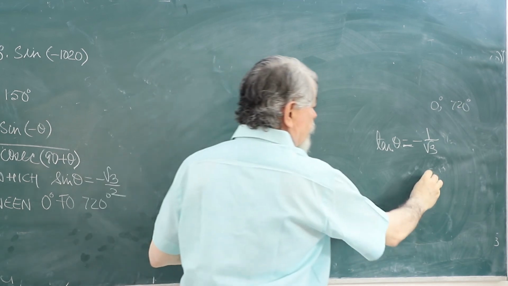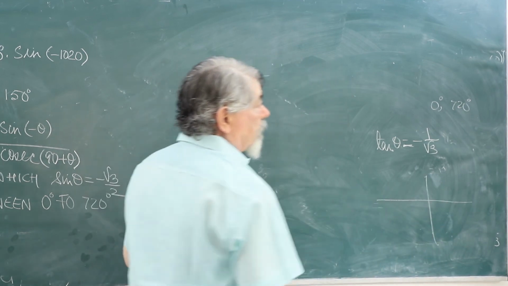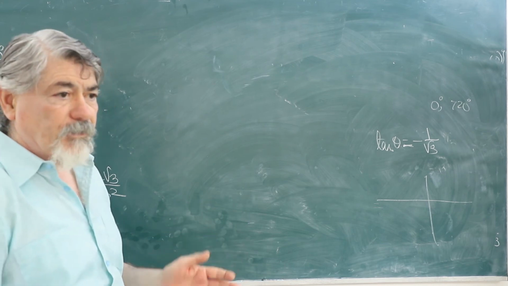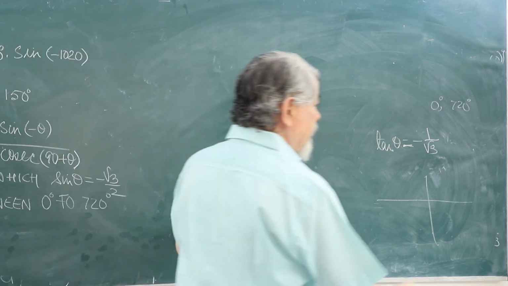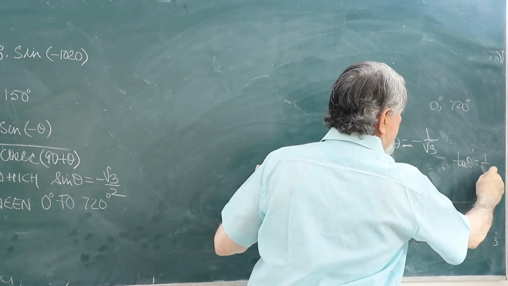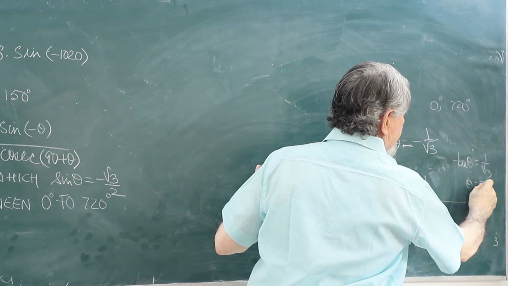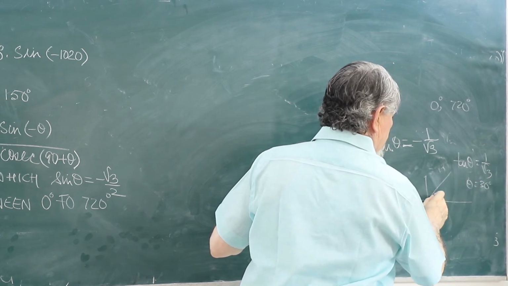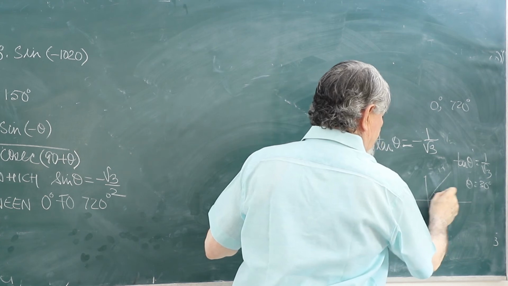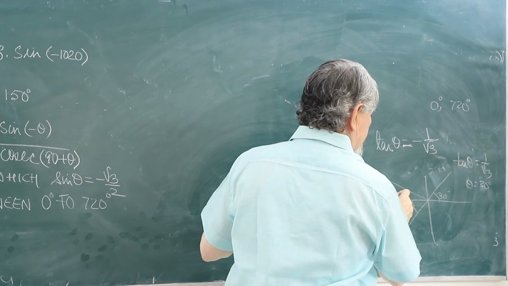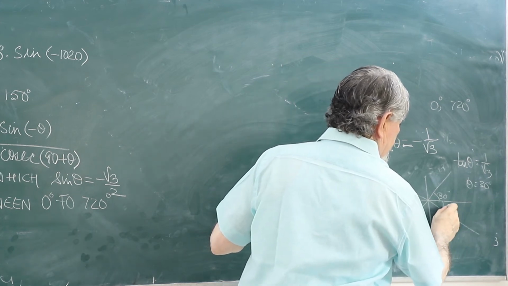Now again you are going to forget about minus. Tan theta is 1 upon root 3 means theta will be how much? Theta will be 30 degree. So 30 degree this side. Extend this line. 30 degree this side. 30 degree this side.